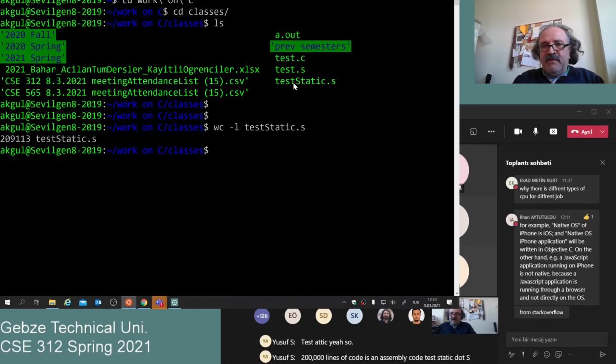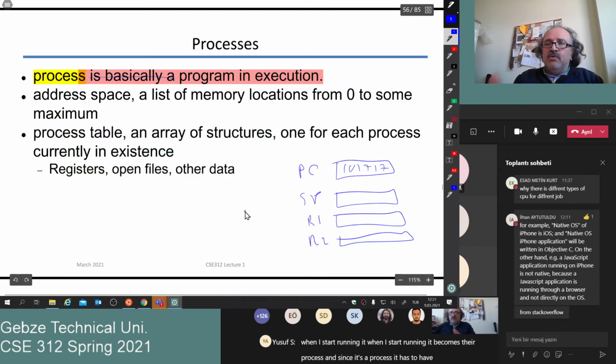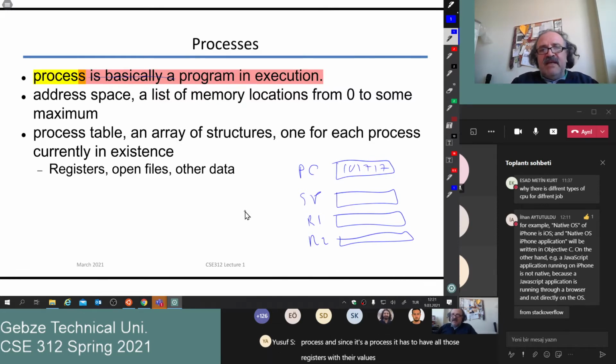It is a program. It is not a process. But when I start running it, it becomes a process. And since it's a process, it has to have all those registers with their values, open files and other data related to the execution of a program.